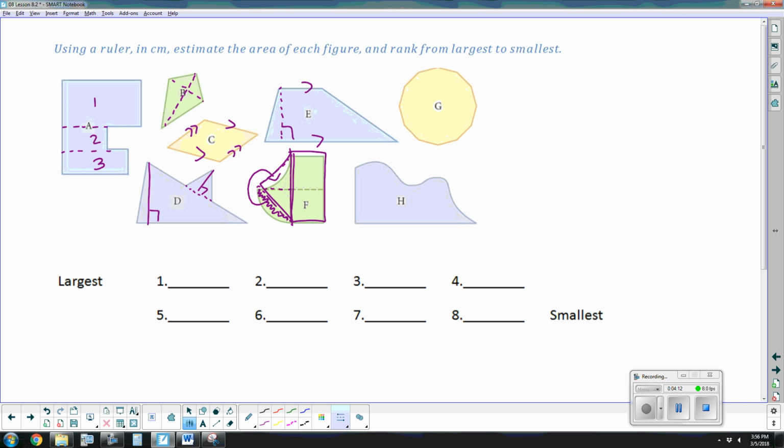Then H is a little more abstract again. So let's look to see if maybe we can make it a little less abstract. So maybe you see a triangle, maybe you see a rectangle.